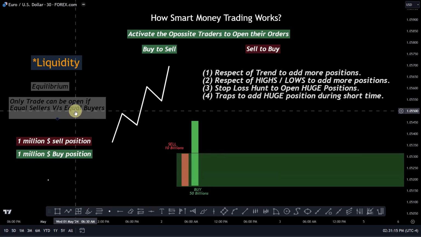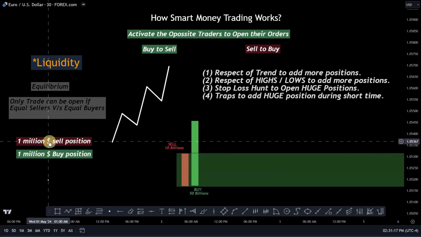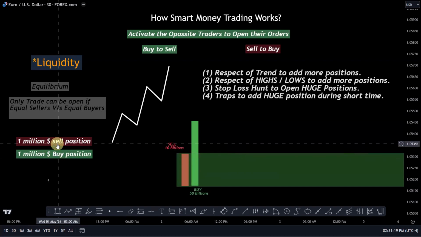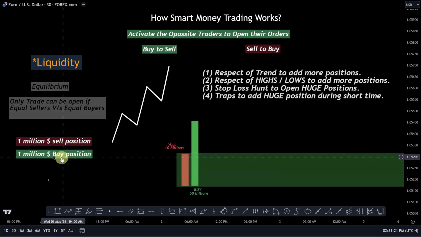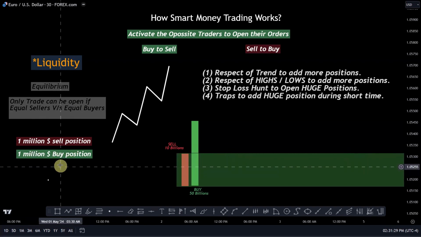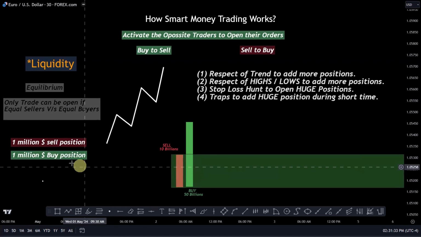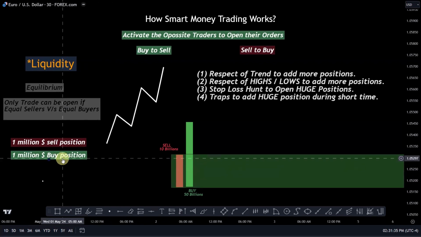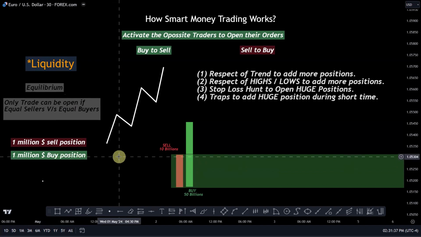If the participants do not have equal orders, that position of $5 million will not open, because only the $1 million order will be filled and the remaining $4 million will be rejected or unfilled. That is not a problem for us, because the daily trading volume of Forex is like $5.6 trillion.